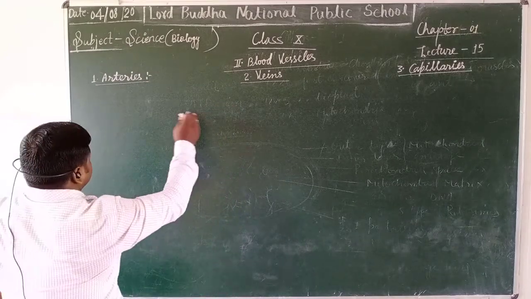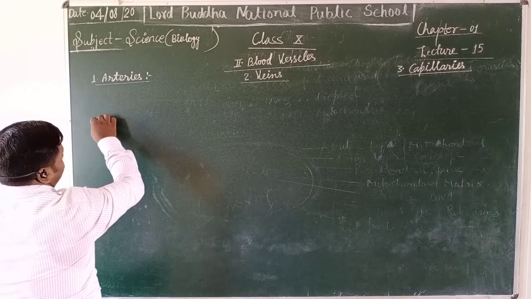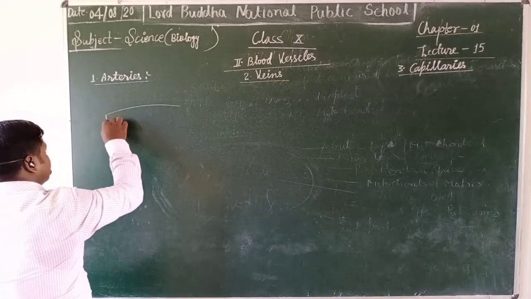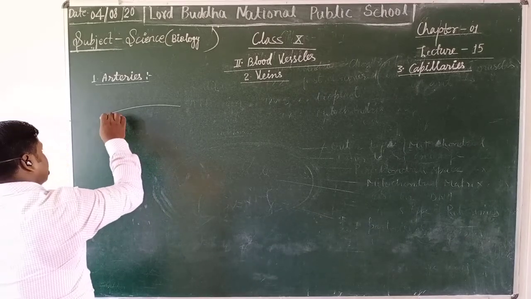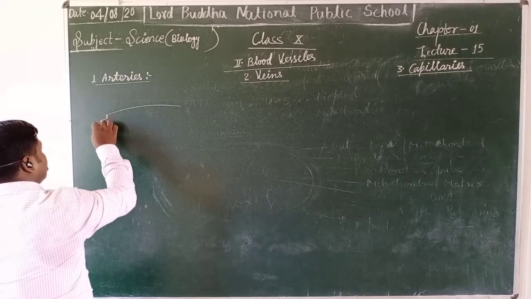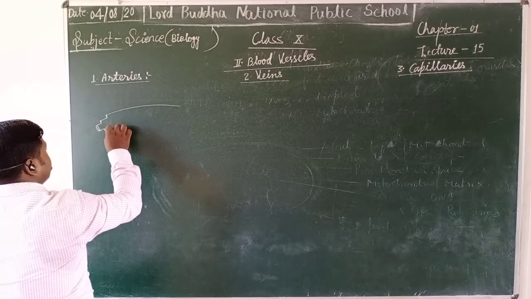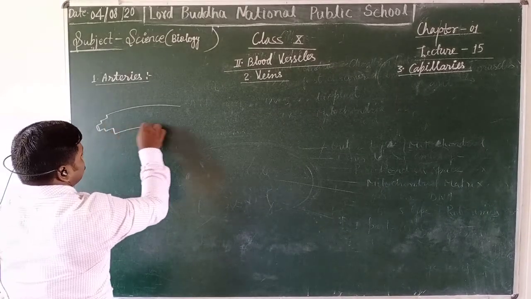Now look here at a diagram of an artery. An artery is a thick-walled blood vessel. It mainly consists of three layers. All these three layers are very thin and called tunic membranes.